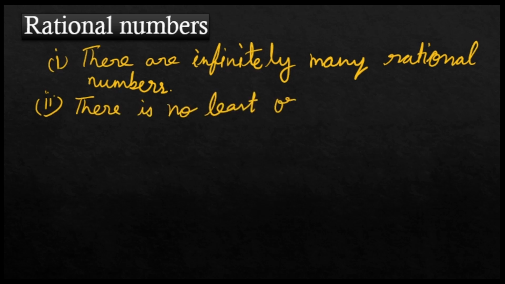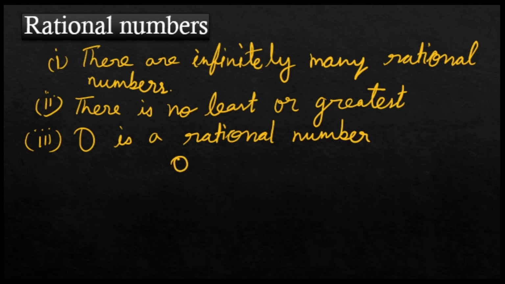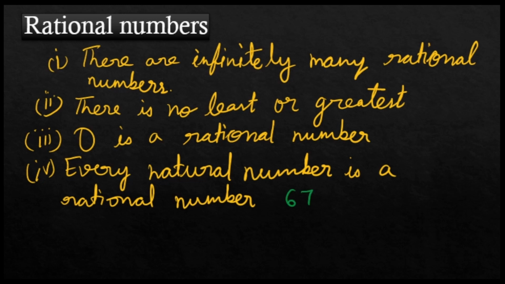Third, 0 is a rational number, as we can write it in the form of 0 by 1. Fourth, every natural number is a rational number. If I pick the natural number 67 and divide it by 1, then it is in the p by q form.